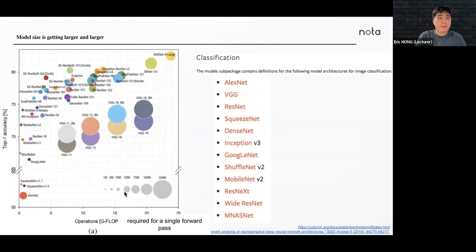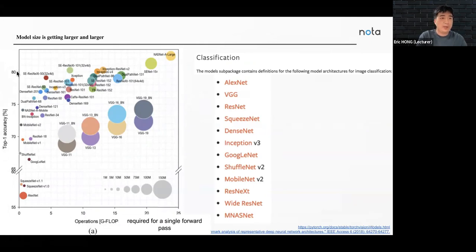So these figures show the comparison between each model. This diameter represents the size of the model, which is 19, 16, 13, 11, and the x-axis represents gigaflops, floating point operations. The less, the better.